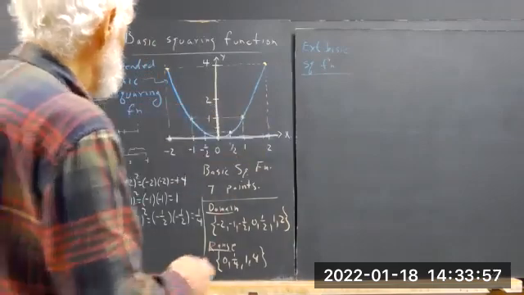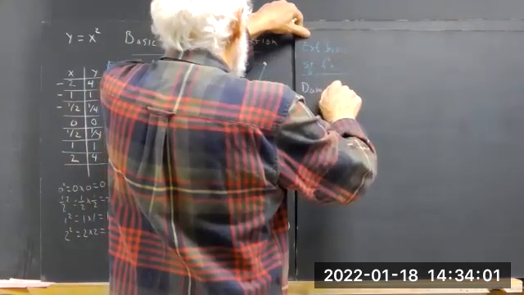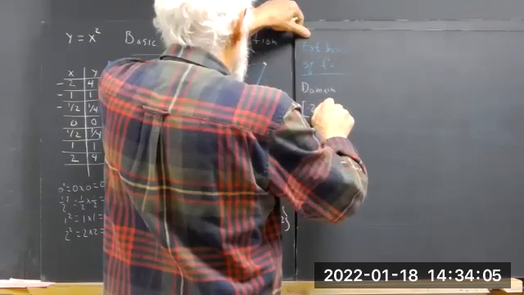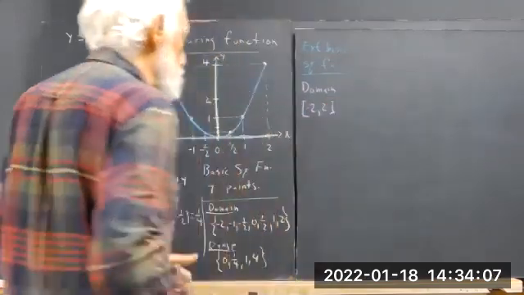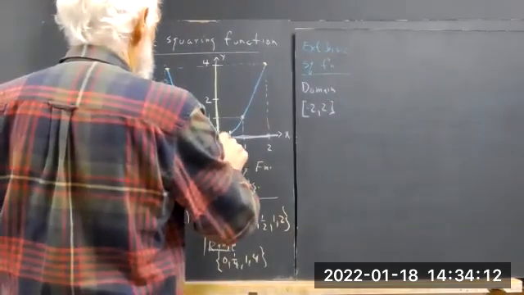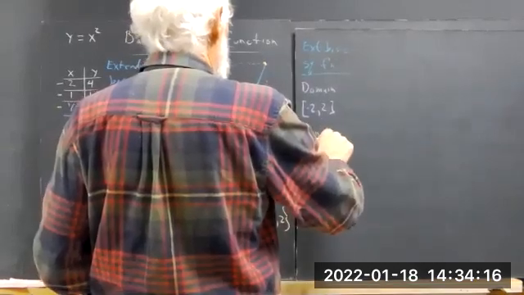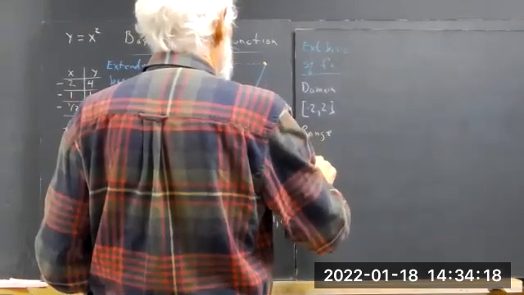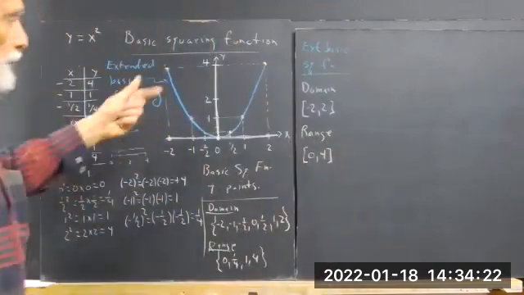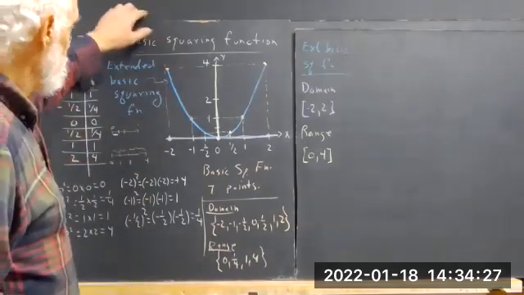So the extended basic squaring function domain is the closed interval from -2 to 2. The range, of course, is your set of y values. It's all the values from 0 to 4, including 0 and 4. So there's your basic squaring function.